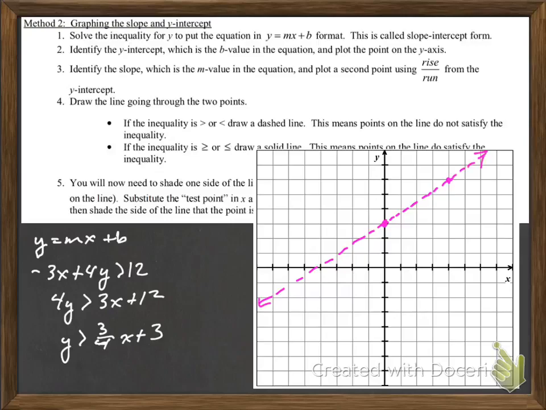And then the inequality, as far as what side we're going to be shading, this is kind of intuitive here. Look at your inequality. We're looking at y values that are greater than this. Well, this part right here is your line. So y values greater than the line would mean y values that are above that line. That tells us that we need to shade everything that is above this line.